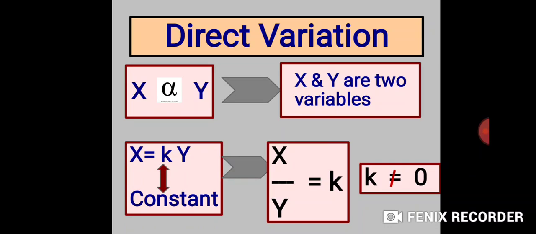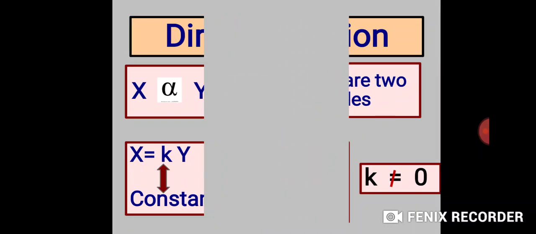So x directly proportional to y, alpha changes to equals, and we write x is equal to ky, where k is a constant. x is equal to ky is the equation of direct variation. When we have the values of x and y, we find the value of k by dividing the variables.